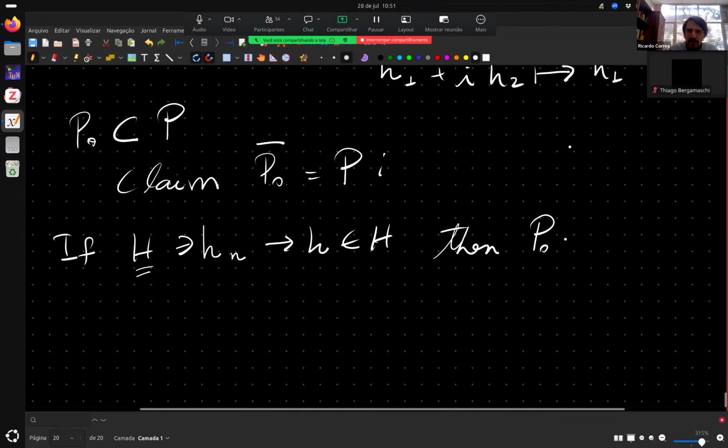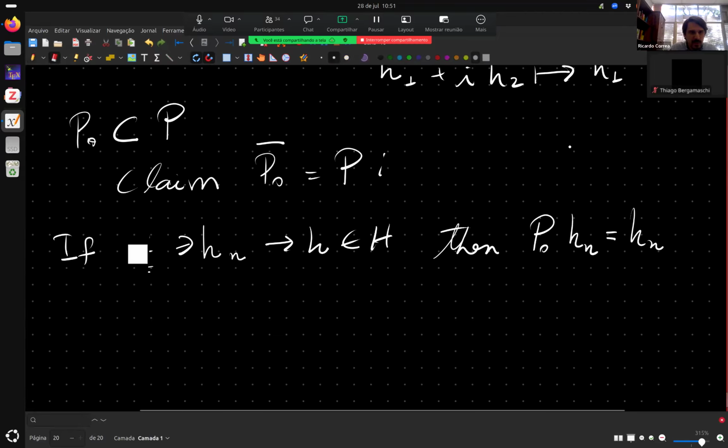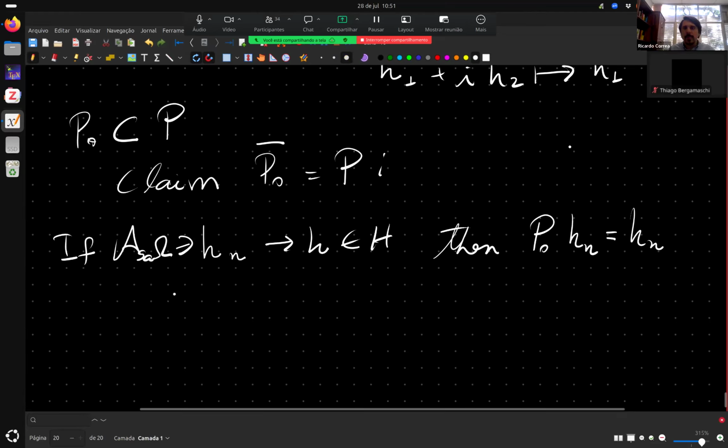P0 acting on H_n will also be H_n because of the definition above. No, so it's S_A on omega. So it will converge to something in the standard subspace.